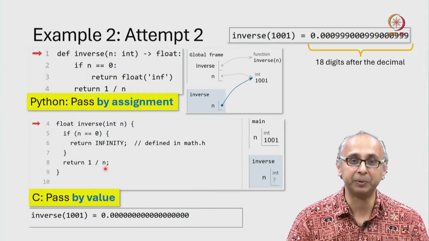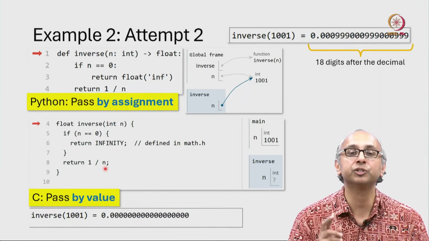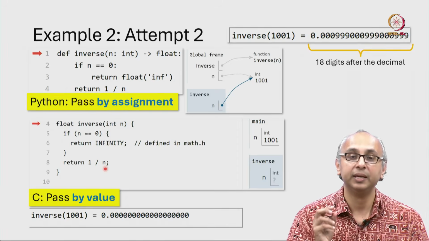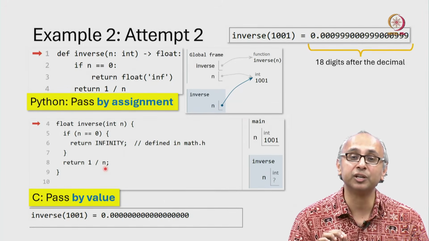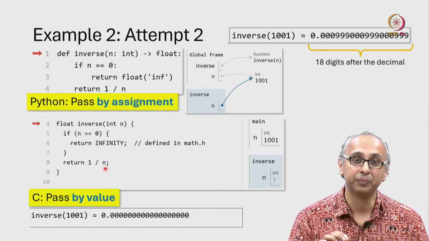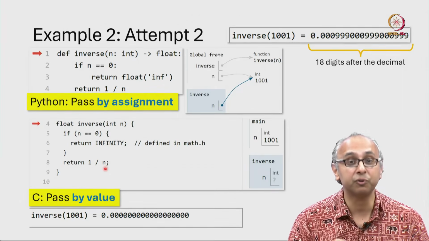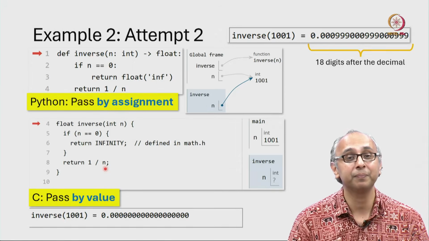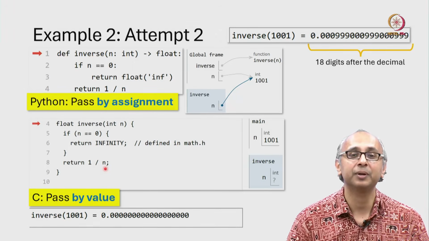So as an example, if you take -1/2, in C, this will produce the integer 0. Whereas if you do -1 floor division 2 in Python, you will get the answer -1. Try it out and make sure you understand.